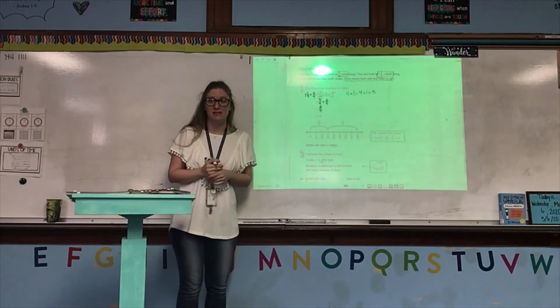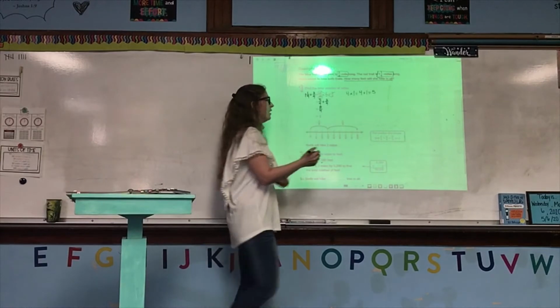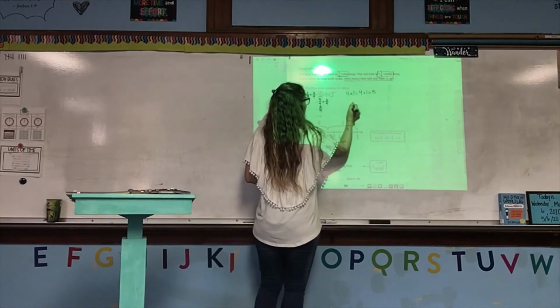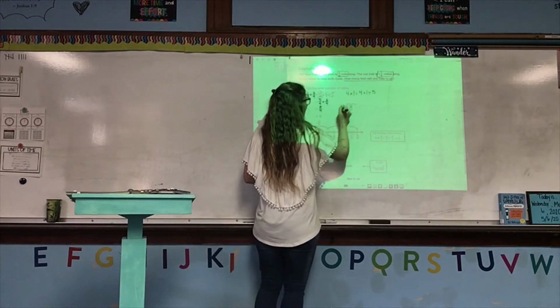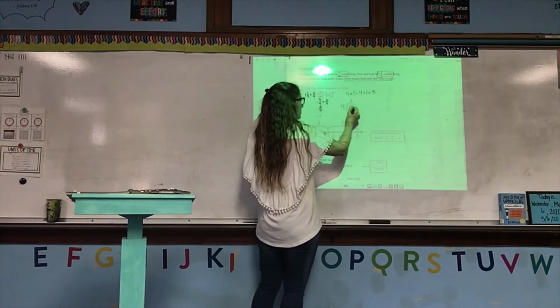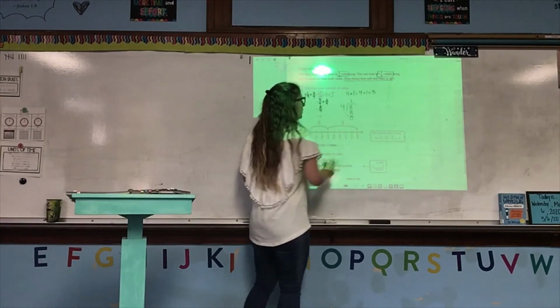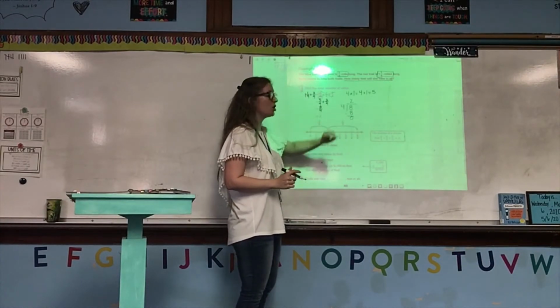But now we have an improper fraction, so we can't leave it like that. So we divide the numerator by the denominator. 4 goes into 8 2 times. 2 times 4 equals 8. 8 minus 8 is 0, which means that 8 divided by 4 is 2.